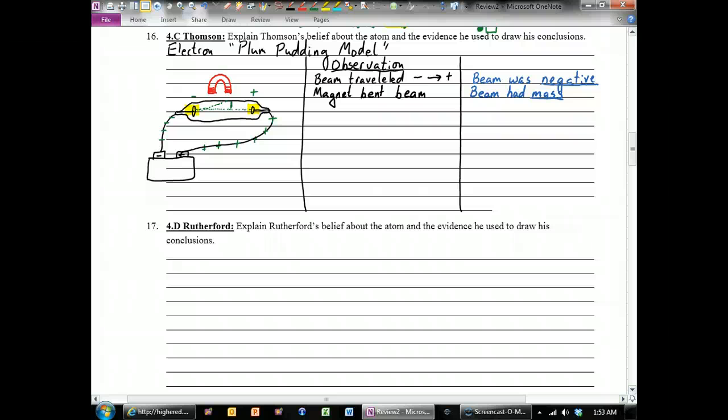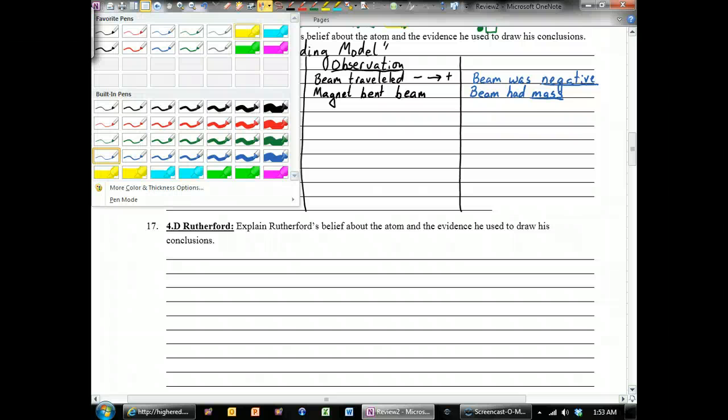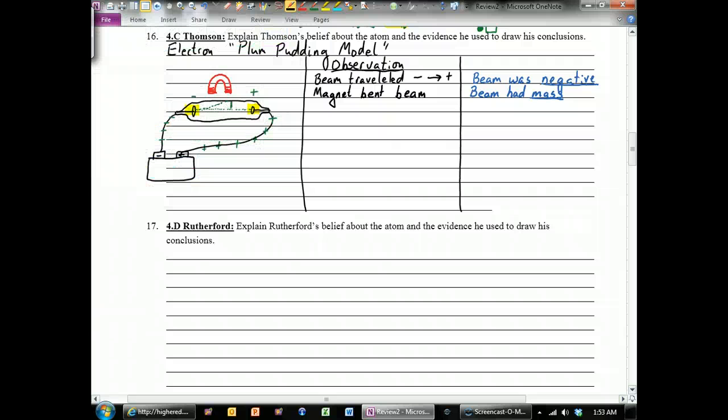His next set of experiments helped conclude where this beam came from. He took out the electrode. Removing the electrode meant no beam. When he took out the electrode, there was no beam, even when he hooked up this electrical charge.